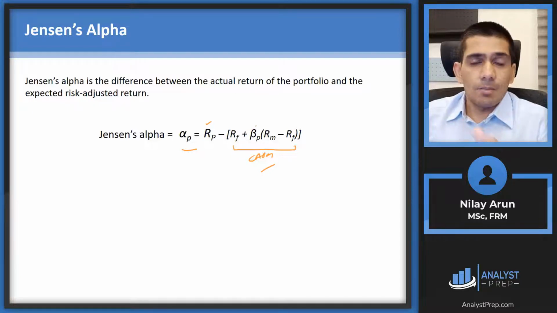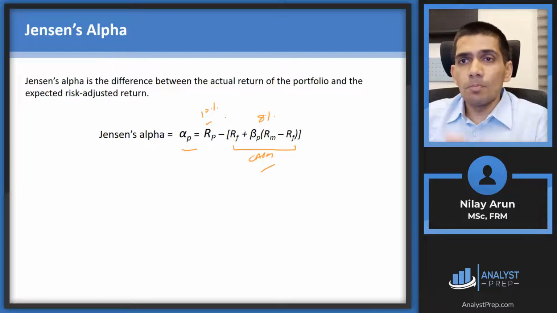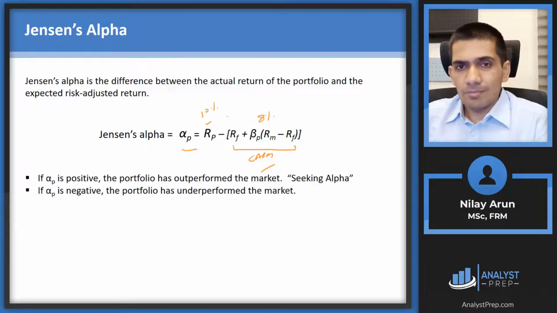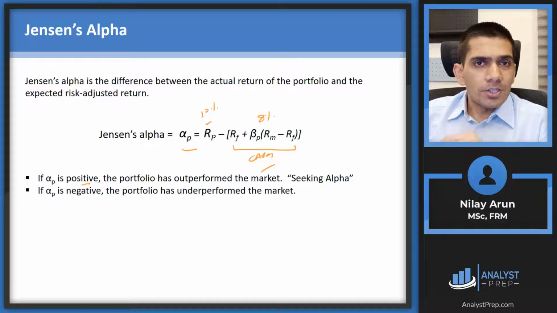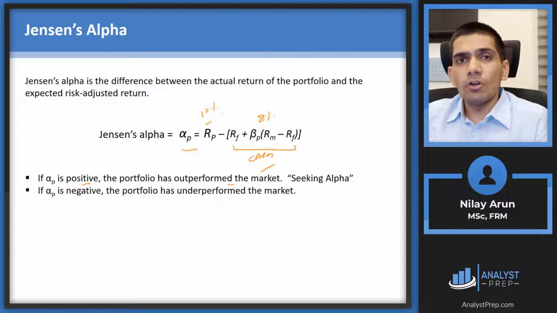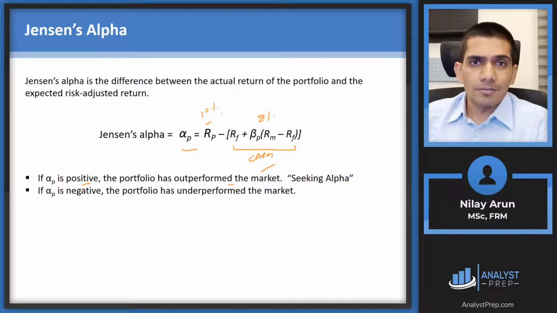So let's say in the same example that we were taking, if this part is 8% and RP, the actual return, is 10%, that means your fund manager has been able to beat the benchmark by 2%, and that's your positive alpha. So if alpha is positive, that means the portfolio has outperformed the market. And of course, if alpha is negative, that means your portfolio has underperformed the market.